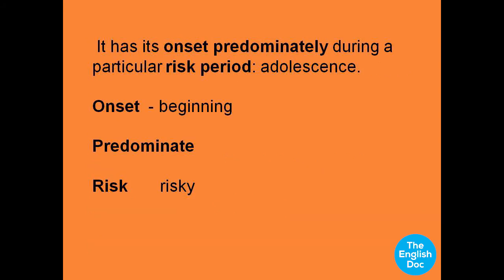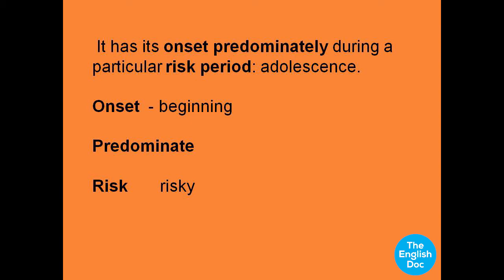It has its onset predominantly during a particular risk period, adolescence. Notice that onset is one word and it means the beginning of something. So you can say the onset of the disease. Notice the adverb predominantly.